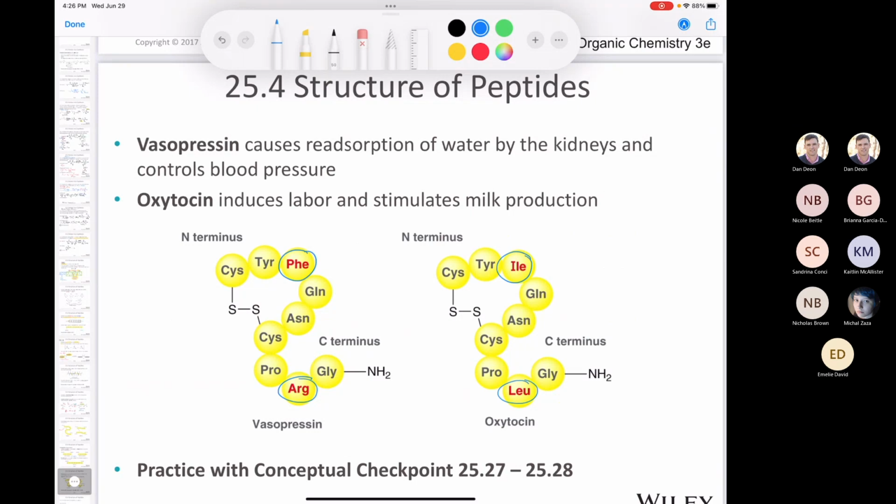Another thing is that if this is our N terminus, the N terminus usually ends with NH2 unless it's got a proline on the end. But the C terminus usually ends with a carboxyl group, doesn't it? But here, in this slide, they're showing that it's got an NH2.